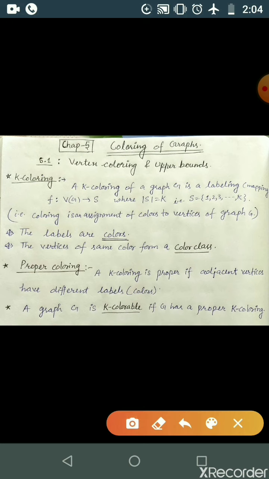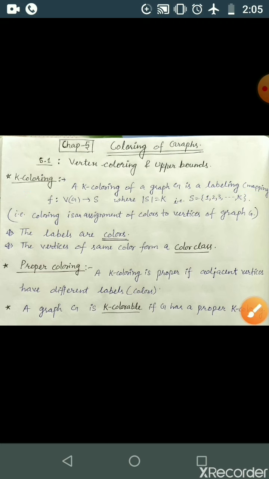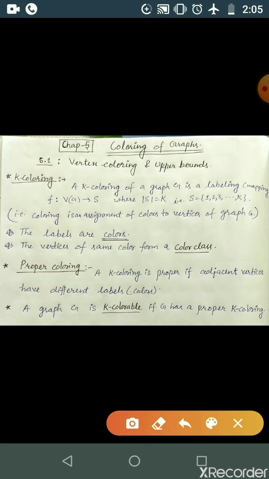Whether you are using the same color to color adjacent vertices or not doesn't matter. In some books you may find that K coloring is the assigning of K colors to the vertices of G, such that every two adjacent vertices get different colors. But here it is just defined as assignment of K colors to the vertices of G. And I think in chapter 1 when I discussed K coloring, I used the different definition, correct?